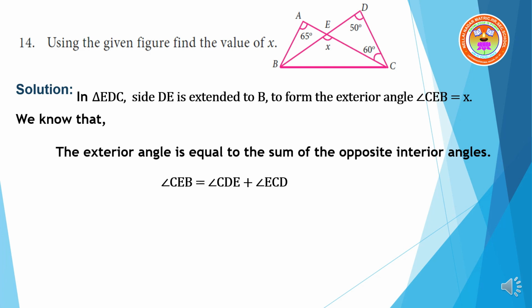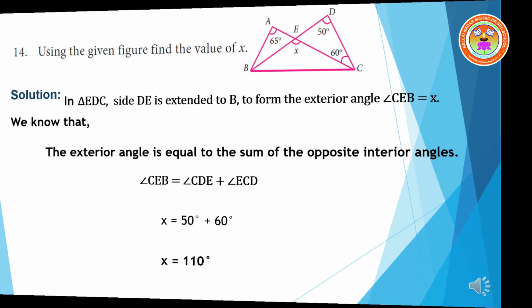Now, substituting the values of angle CDE and ECD, we can write x is equal to angle CDE is 50 degrees plus angle ECD is 60 degrees. Now, let me add 50 degrees and 60 degrees. On adding, we get the value as 110 degrees. Therefore, x value is 110 degrees.